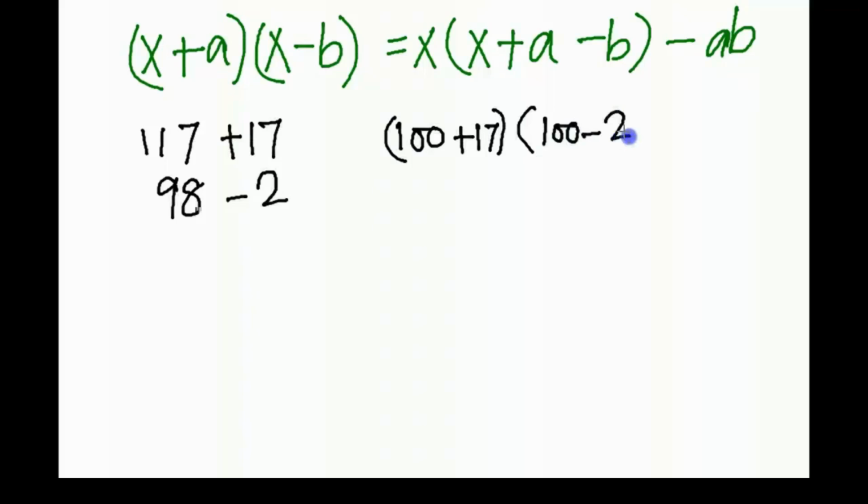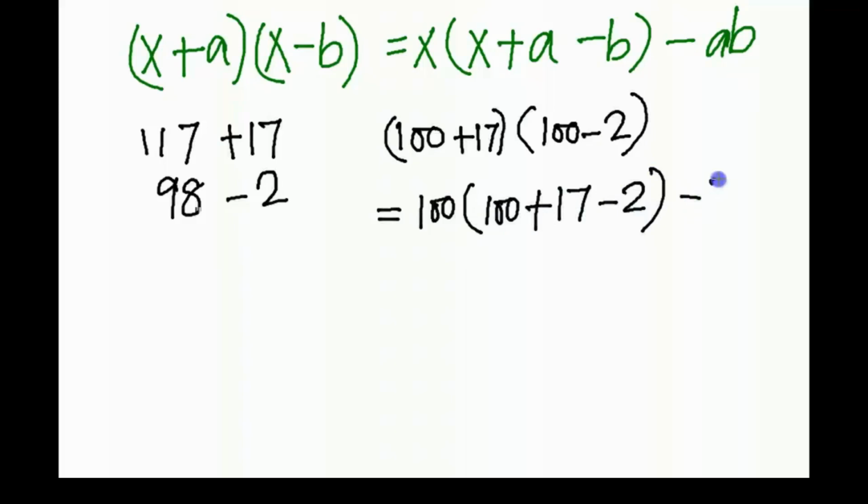So we can write 117 as 100 plus 17 into 98 as 100 minus 2. So the solution goes like this: 100, which is our x, whole into x plus a plus b, that is 100 plus 17 minus 2, and a into b, which is minus 34. Here you can see that 17 is our a and minus 2 is b.